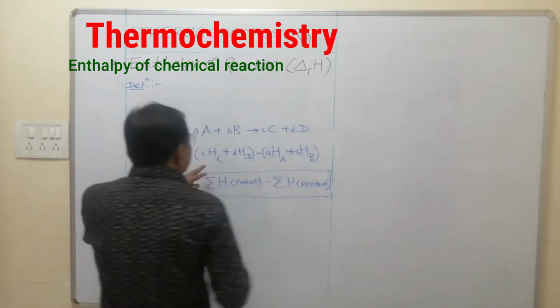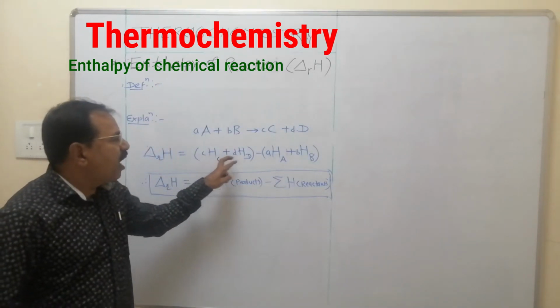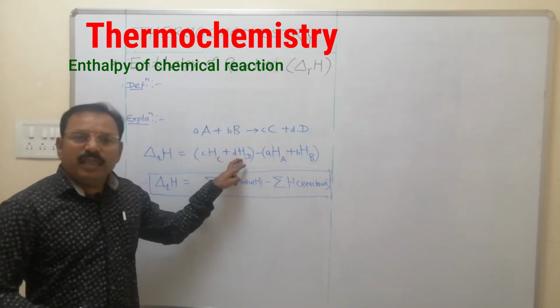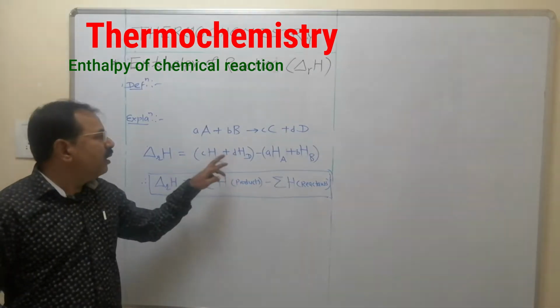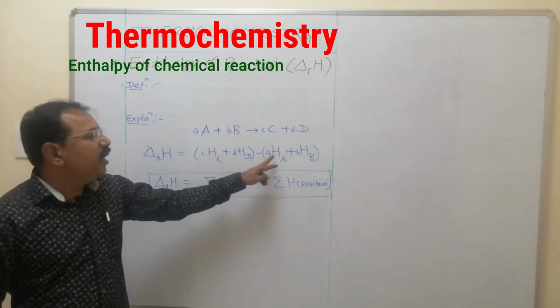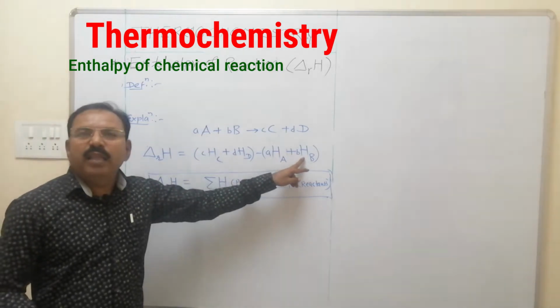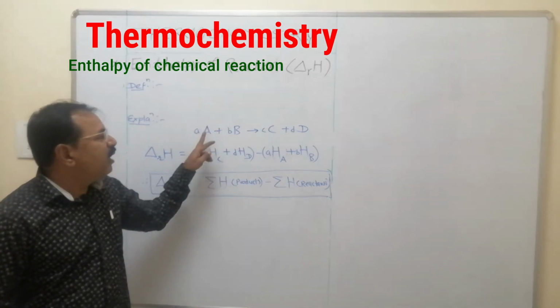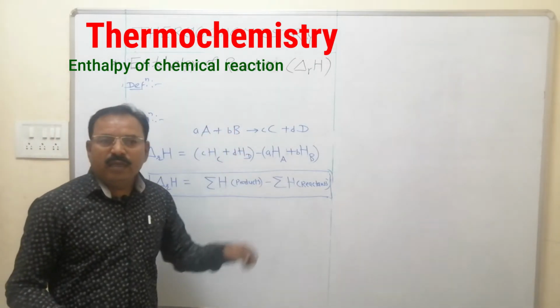In this equation, Hc and Hd are the enthalpies of products C and D, where Ha and Hb are the enthalpies of reactants A and B.